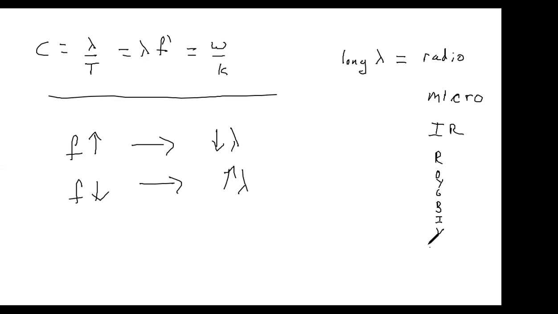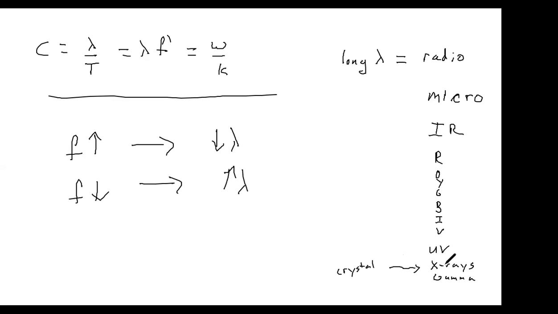Anyway, and then you have ultraviolet, or as my kids say ultraviolet, and then X-rays, and then gamma. These wavelengths for X-rays are about the size of a crystal, or maybe large atomic scale.